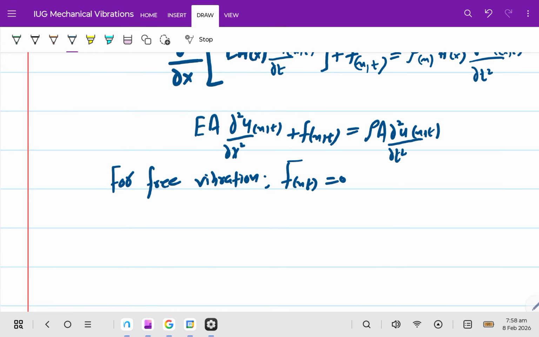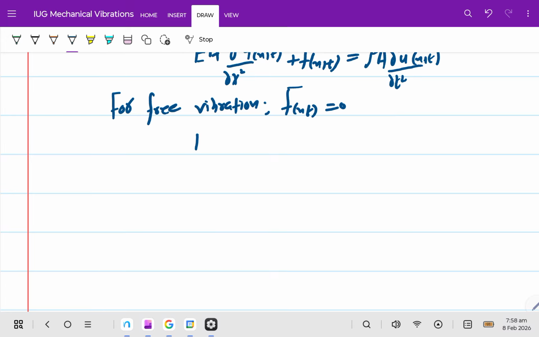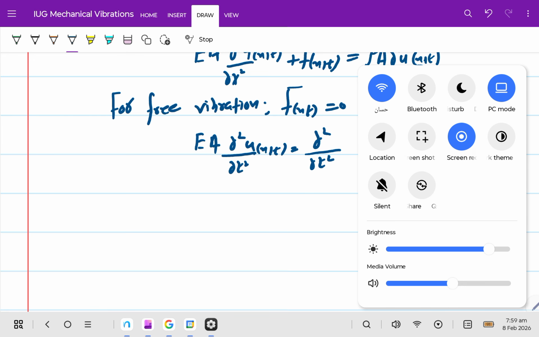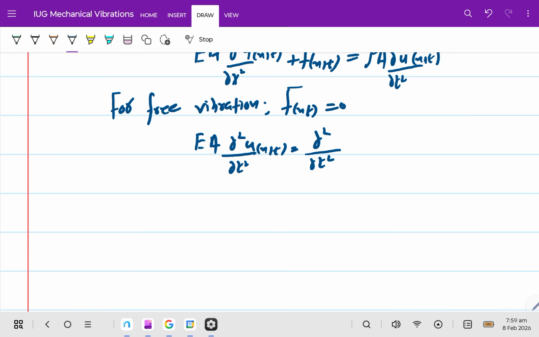There's no external force applied, so the whole equation reduces to EA times the double partial derivative of u(x,t) with respect to x equals density times area times the double partial derivative with respect to t. So we are reduced to this equation.